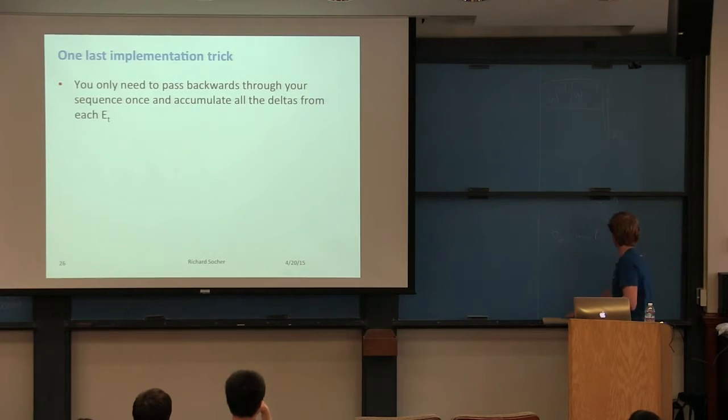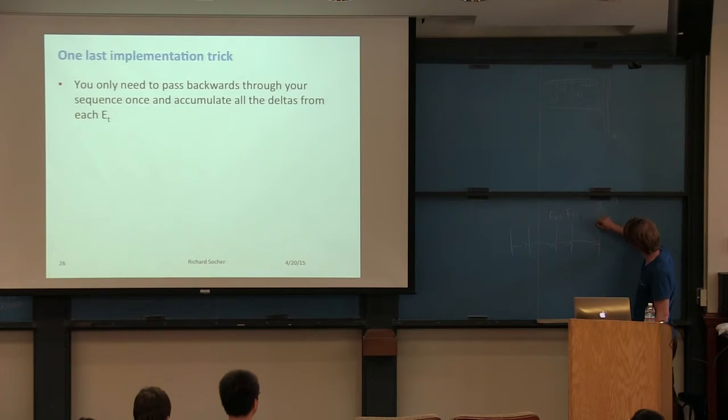So what do I mean by this? As we have here our hidden layers, and we have forward propagation, now I have a new error at every time step. So at E_t minus 1, E_t minus 2, and so on.